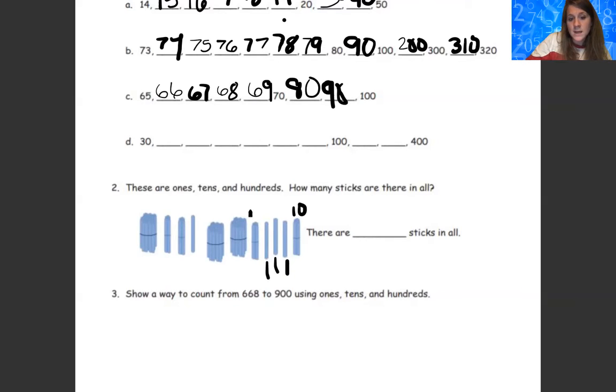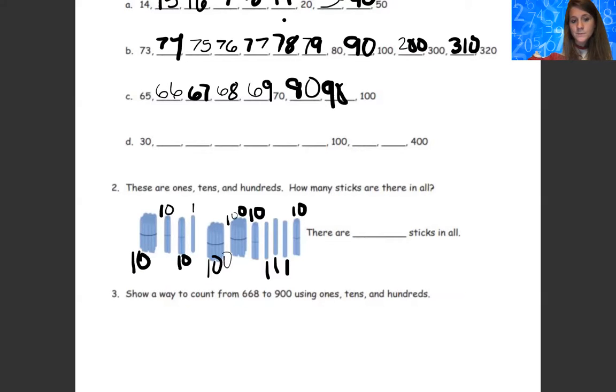Oh, we have a 10. We have a 100. Okay, we have another 100, and another 100. We have a 1. We have a 10. We have another group of 10. And then we have a group of 100 here.